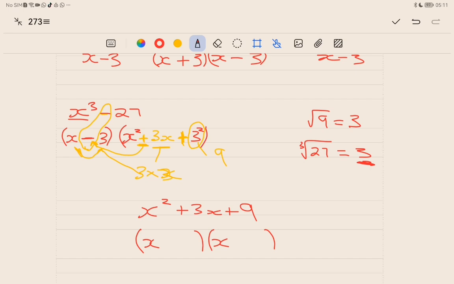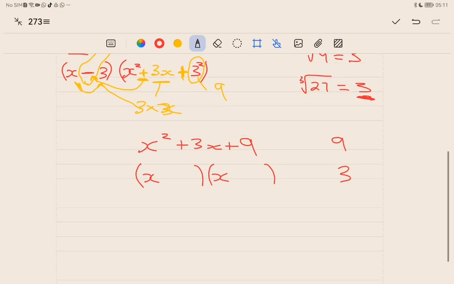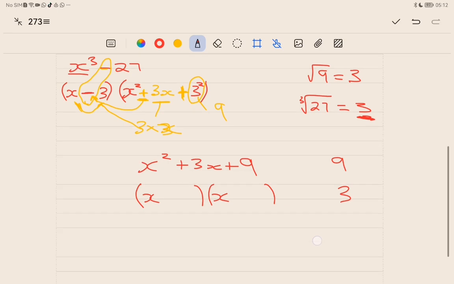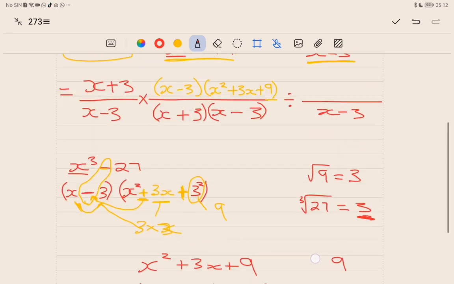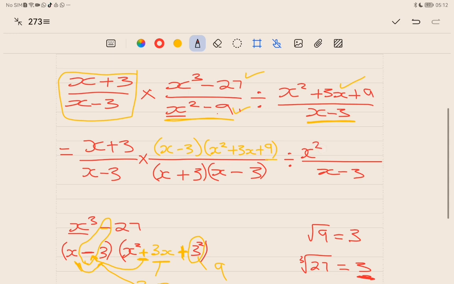So to check if it can be factorized, this is the first thing you need to do. Then the second thing you need to do is to find the 2 numbers which when you multiply them, they give you 9, but when you subtract them, they give you 3. So do they exist? Yes, they do exist, but they are not whole numbers. So we are not going to factorize it. We're just going to leave it as it is.